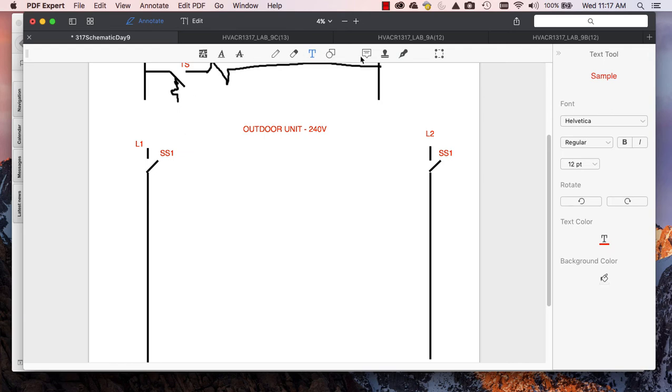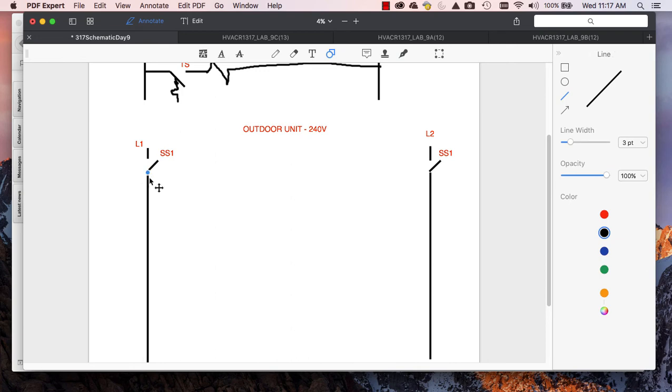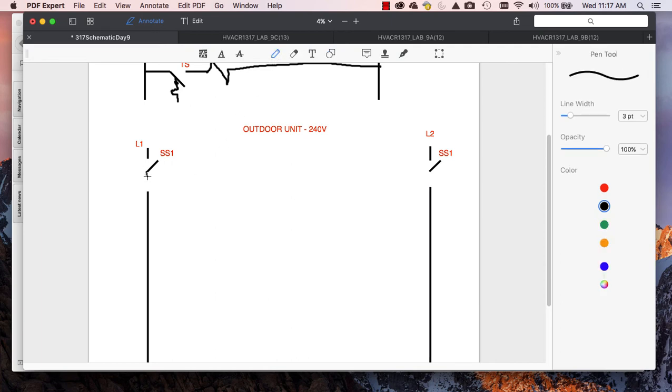So we're going to just make another small change on our wiring here on both sides, because I want to control that power. So I'm going to come out of that service switch, and I'm going to go to a normally open contact first.